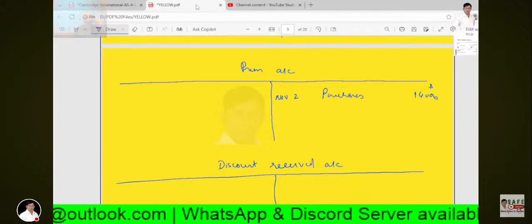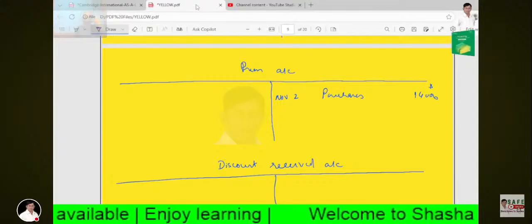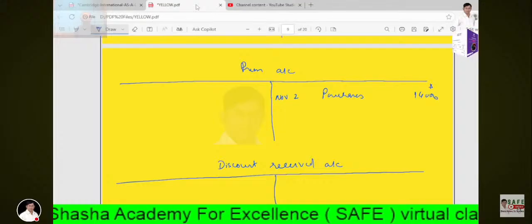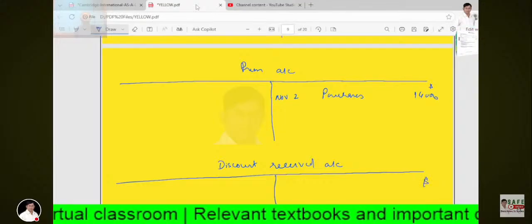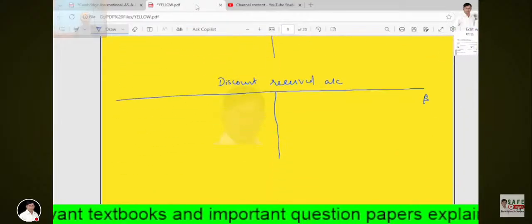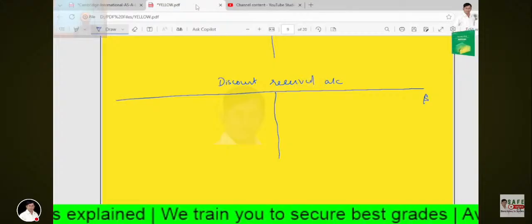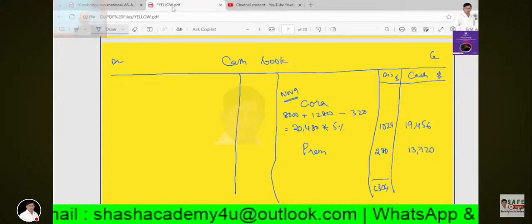Okay. So now come to discount received. Discount received is again credited. So individually you have to write, or you can write the total. So discount received is 1,304.